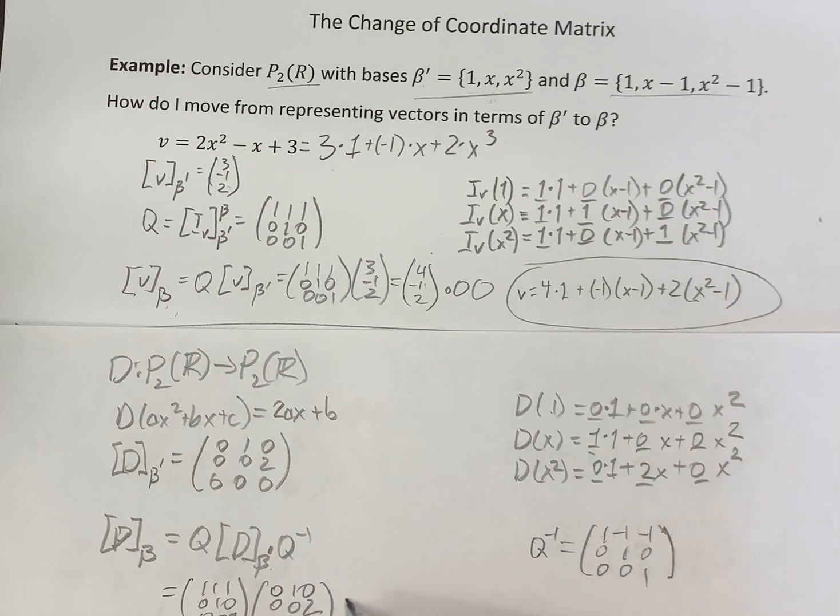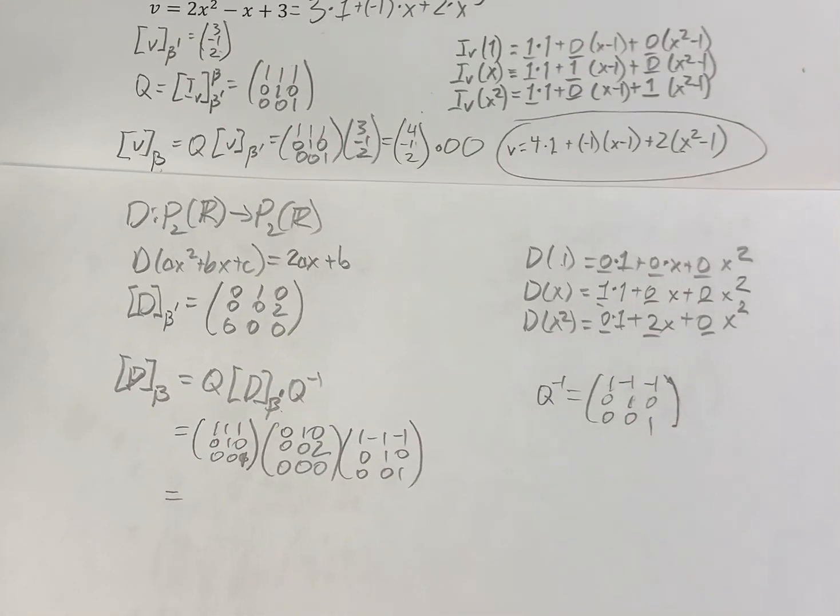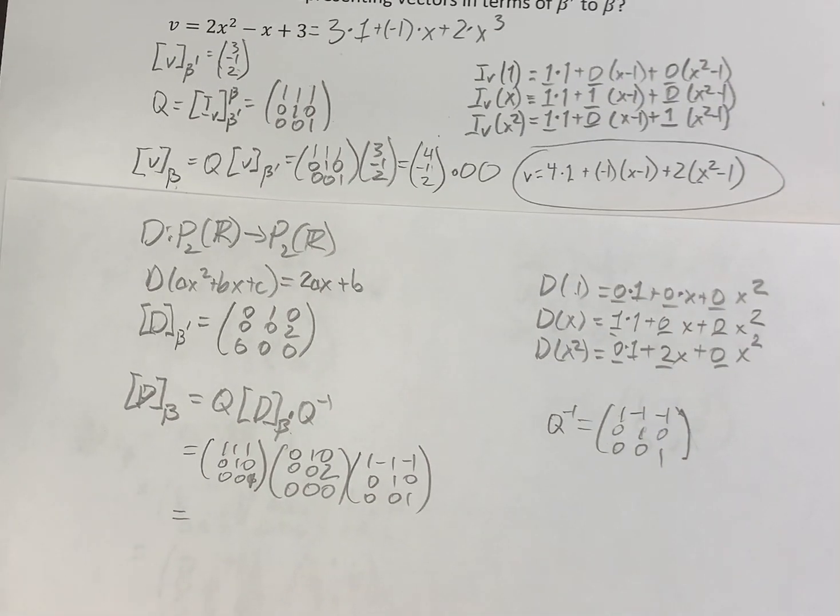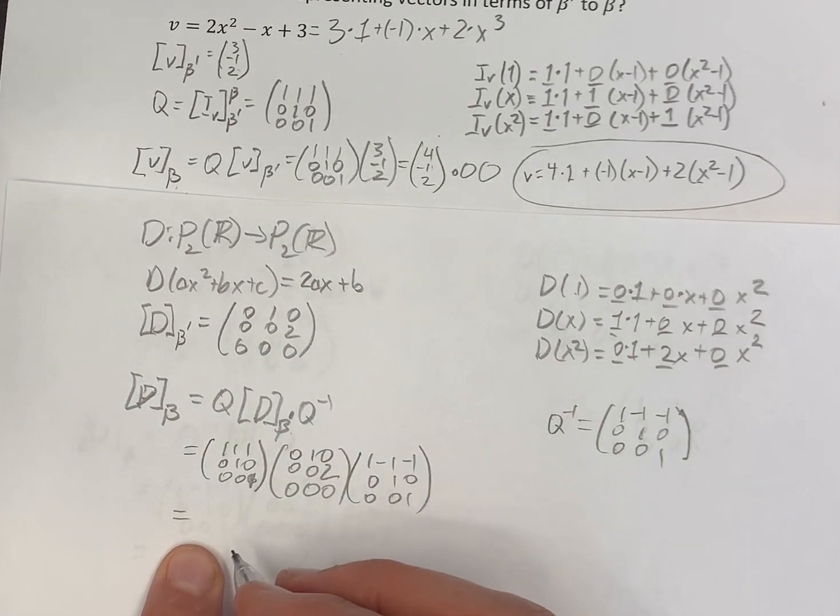And then Q inverse, 1, negative 1, negative 1, 0, 1, 0, 0, 0, 1. Okay, and matrix multiplication is associative, so why don't we go ahead and multiply all that out.